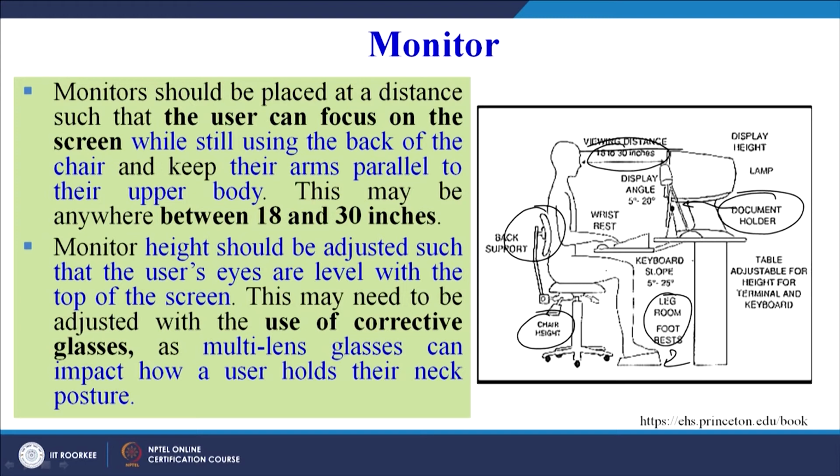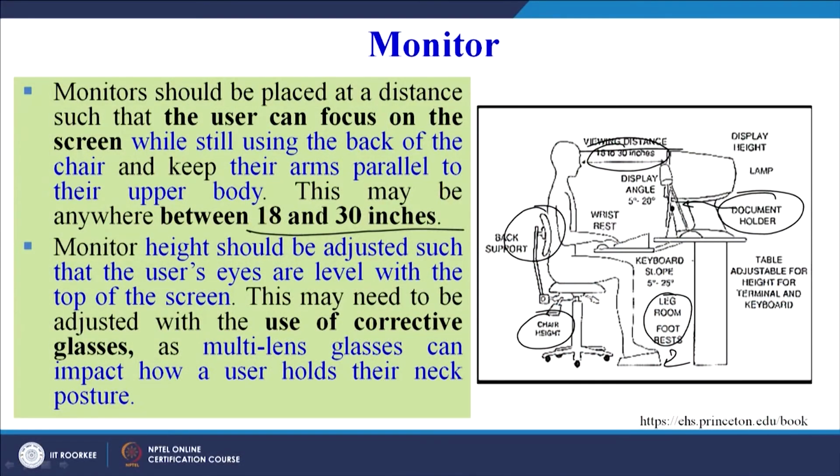So the monitor should be placed at a distance such that the user can focus on the screen while still using the back of the chair and keep their arms parallel to their upper body. So the person must be able to focus on the computer system without his back getting away from the back support.